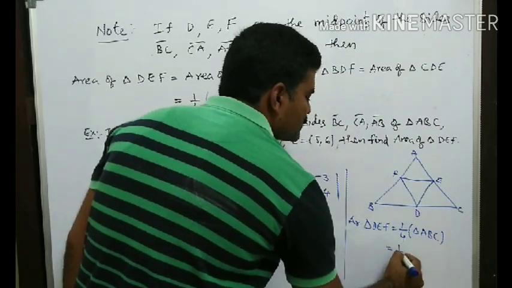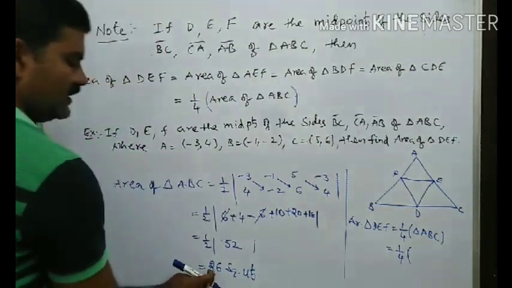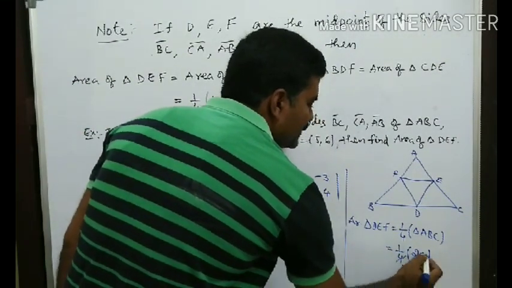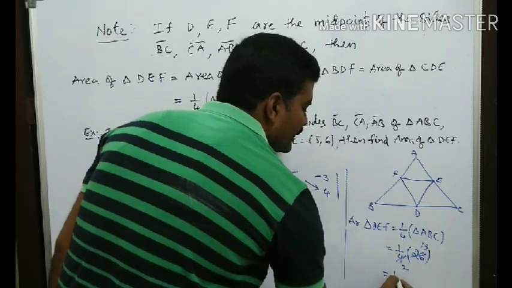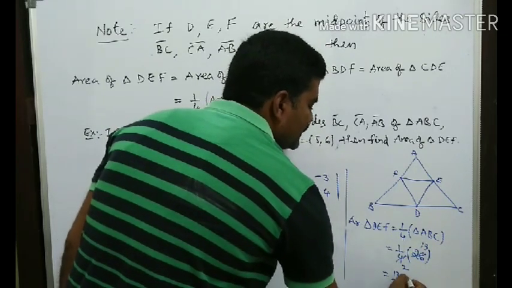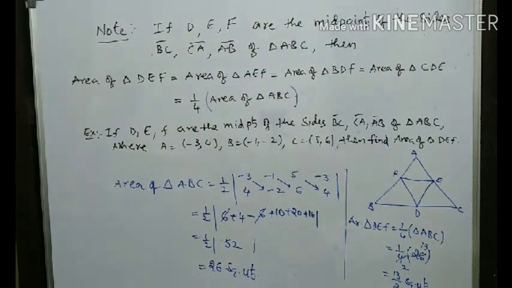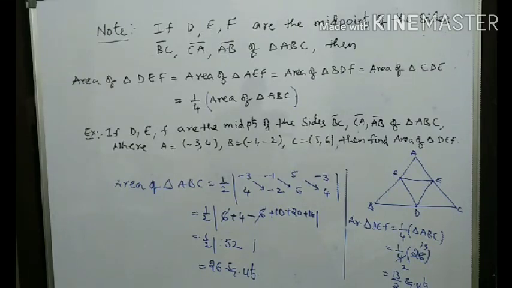So it is 1/4 into 26. So 2 times and 13 times. Finally, the answer is 13/2 square units.